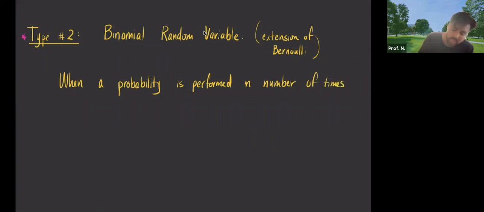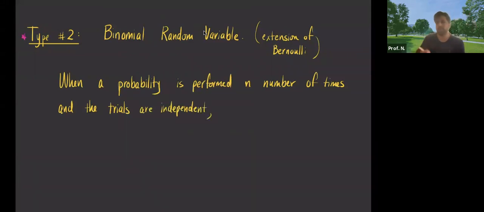and when we perform it, the trials are independent of one another. So if I flip a coin, for example, the first time I flip it does not affect the second time I flip it, and so on.